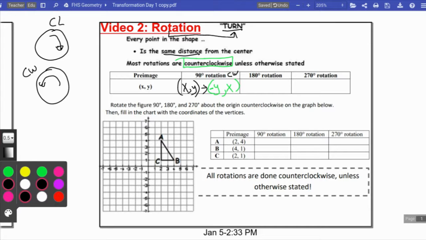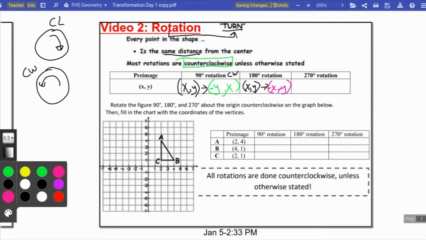Next is 180. (x, y) goes to (-x, -y). This time the letters stay the same, but you make them both negative.